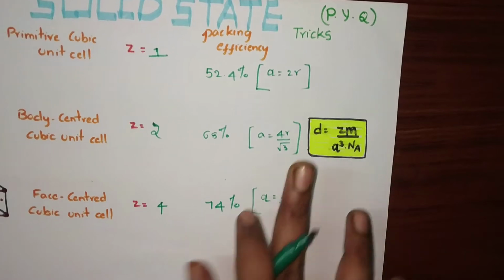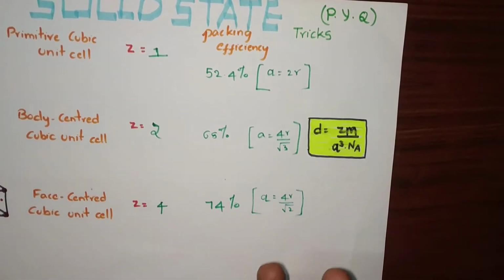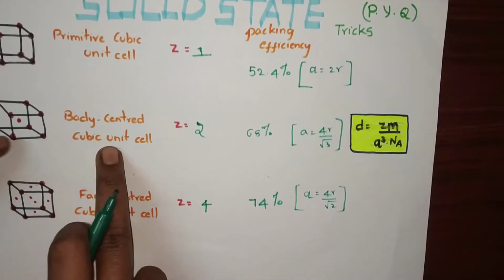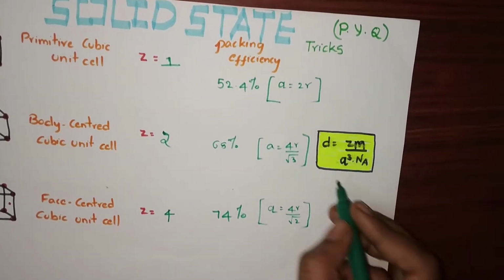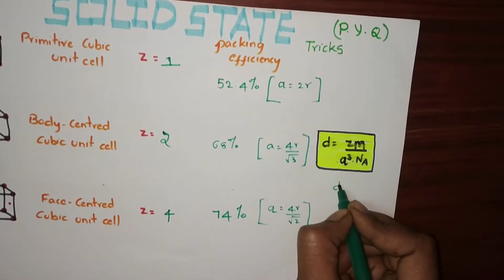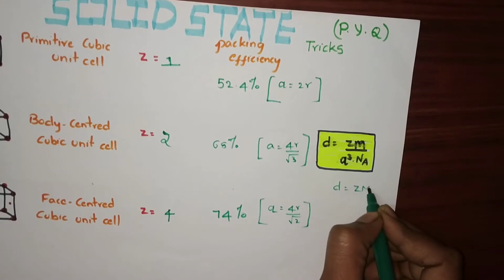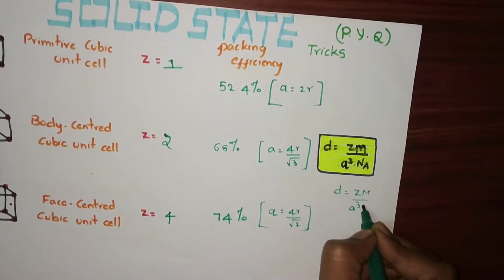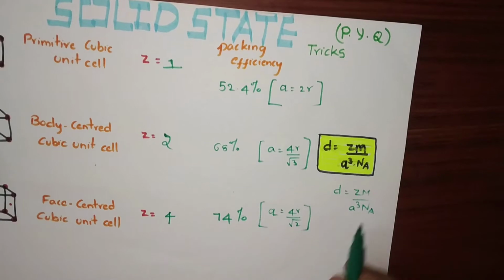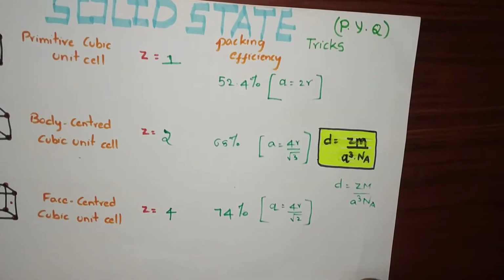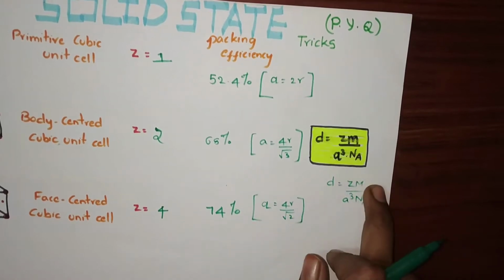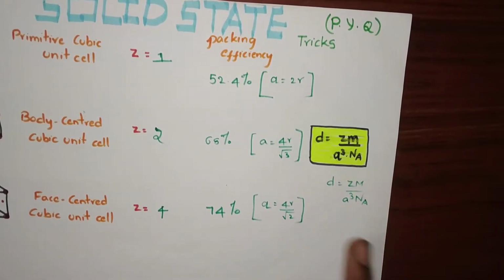Density is equal to, suppose a crystal is given, it is in BCC or FCC, you have to find the density. For that, density is equal to ZM by a cube into Avogadro number. Z is 1, 2, 4, the number of atoms per unit cell, M is the molar mass, and a is the edge length.